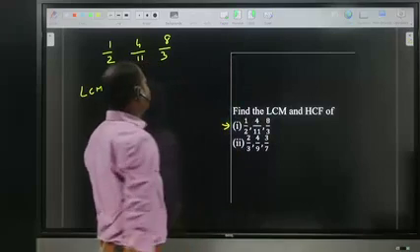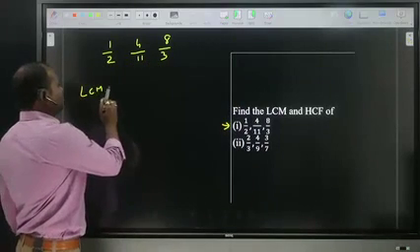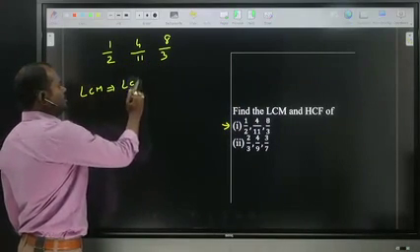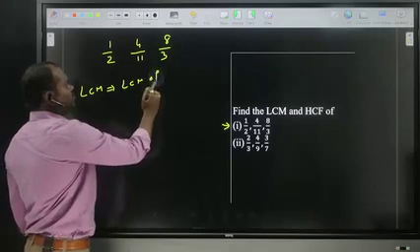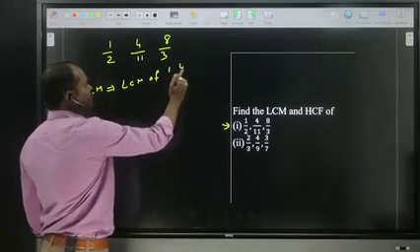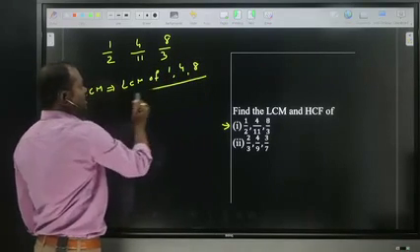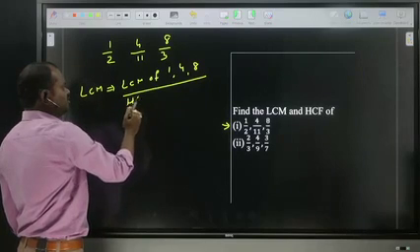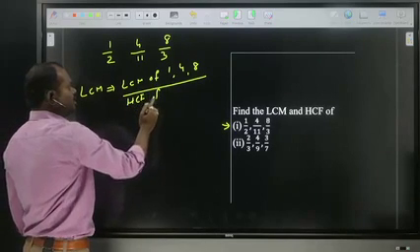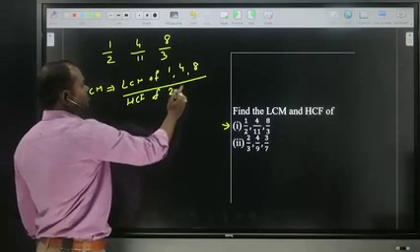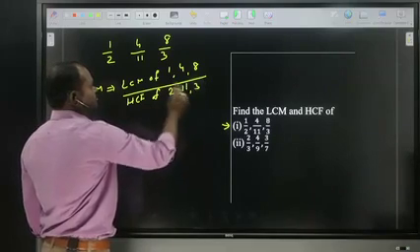So LCM of numerators, that means LCM of 1, 4, 8, by HCF of denominators, 2, 11, 3.